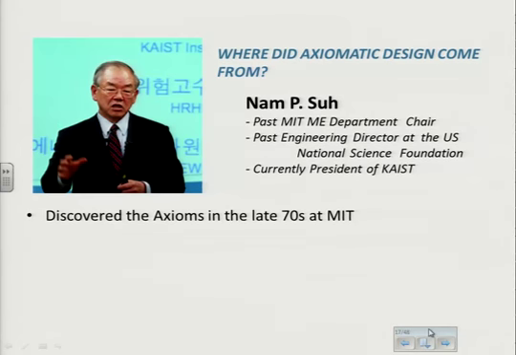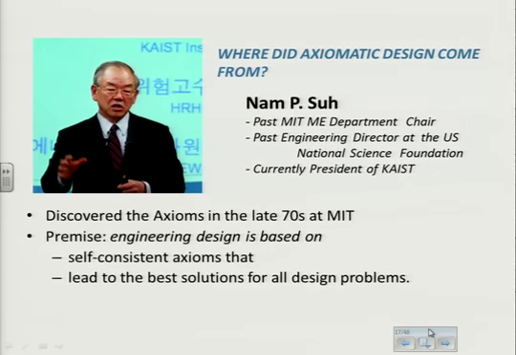These axioms were discovered in the late 70s at MIT. And the premise that he started off with is a strange one for many practicing engineers, that somehow engineering design could be based on a self-consistent set of axioms. Actually, good engineering design could be. And that these would lead to the best design solution for all design problems.